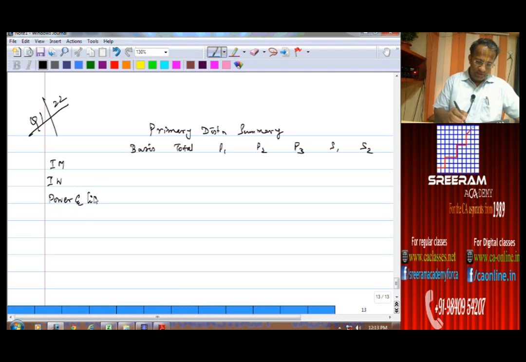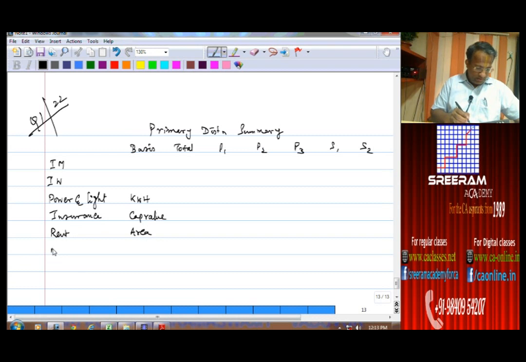power and light. What is the basis of distribution? Power and light based on kilowatt hours. Then insurance on capital value. Then rent based on area.